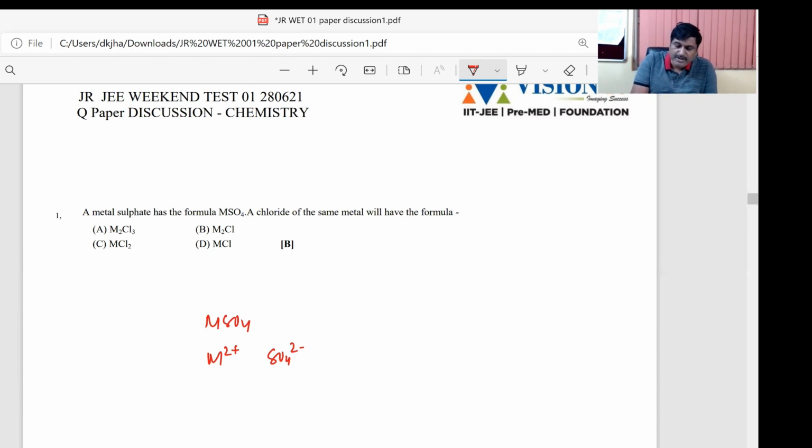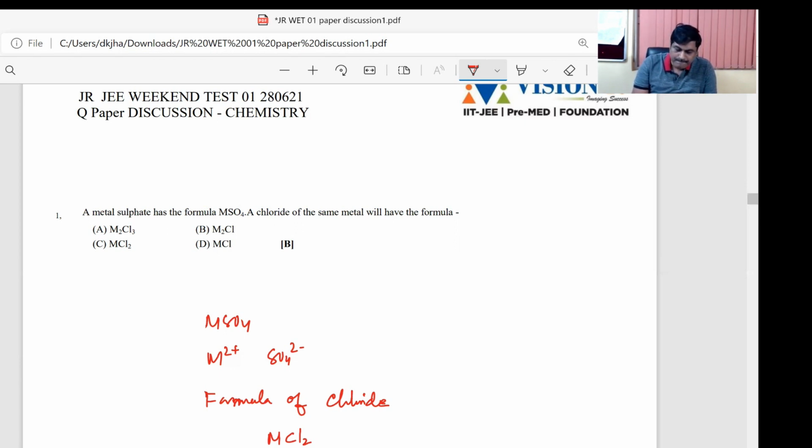So the chloride of the same metal will have the formula... Okay, this one is very simple. This one is dipositive, Cl is minus. So the formula of chloride, you know, the crisscross method, right? So what is this? This one is MCl2, right? MCl2.